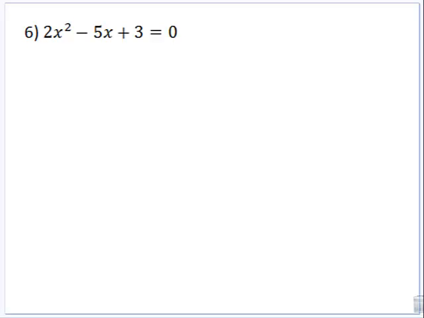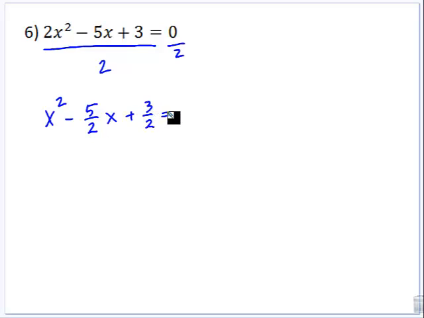There's two very viable options here. One of them is to divide both sides by 2. And the other one is we could pull it out of there as a GCF. I prefer dividing everything by 2. So when we divide by 2, we have x squared minus 5 halves x plus 3 halves is equal to 0.